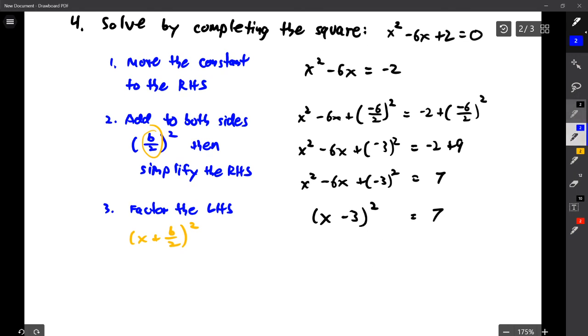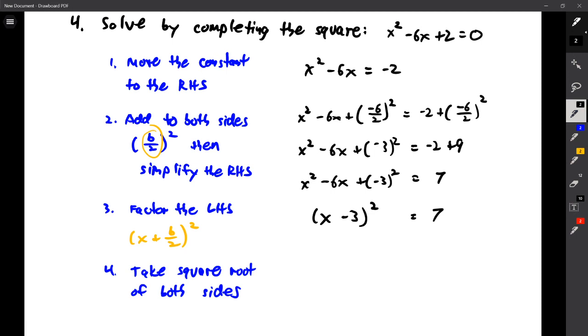Okay, next, step 4. Take the square root of both sides. So when we take the square root of anything squared, we're just left with what was being squared.